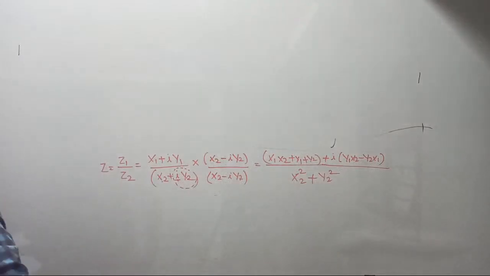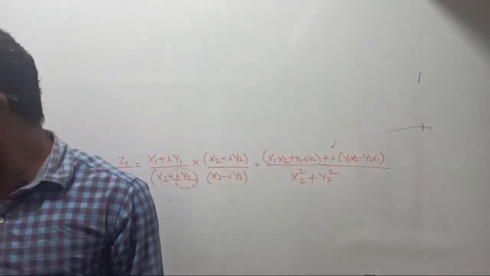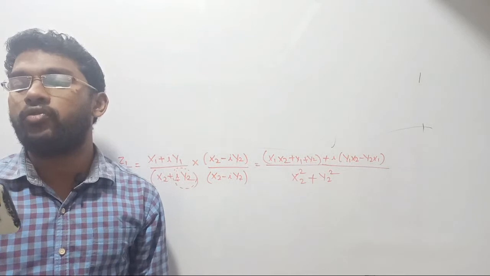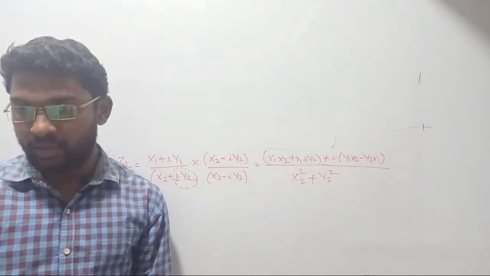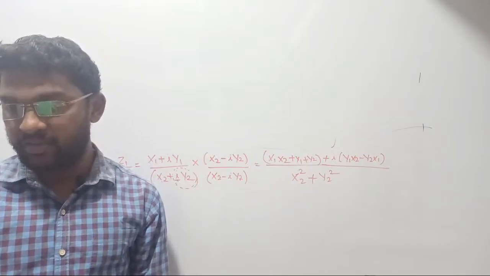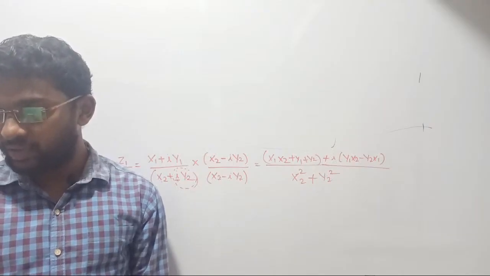Board is not clear. Guys, please let me know whether the board is clear or not. If your board is not clear, please change the mode of your system. You should try to keep it at 480 pixel, right? Then only your board will be clear. Please let me know whether the board is clear or not. Someone said that the board is not clear.